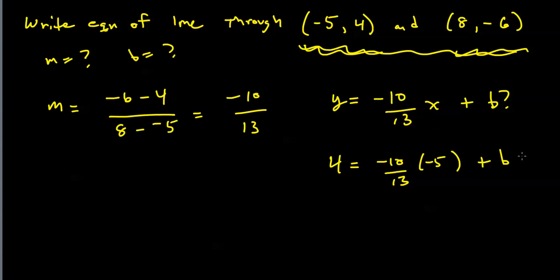And we're going to have to do some fraction arithmetic here to solve for b. 4 on the left, well, minus 10 thirteenths times minus 5 is going to give me a positive 50 thirteenths.